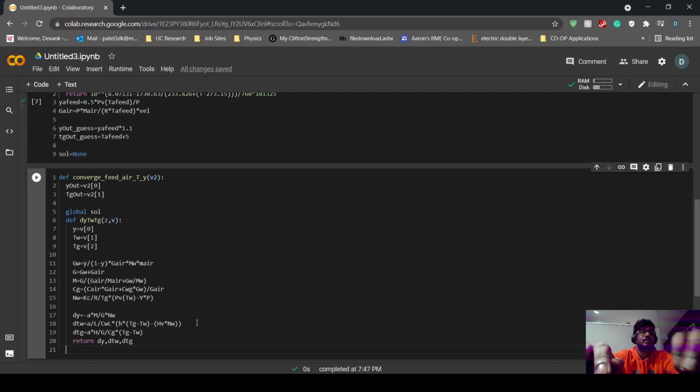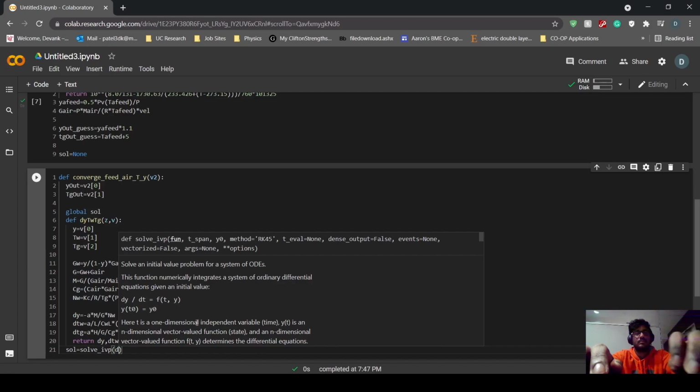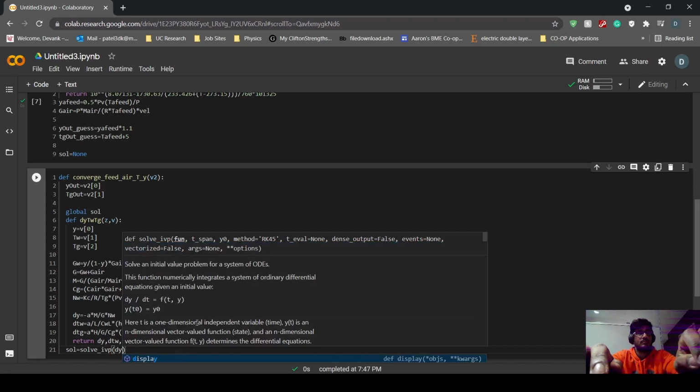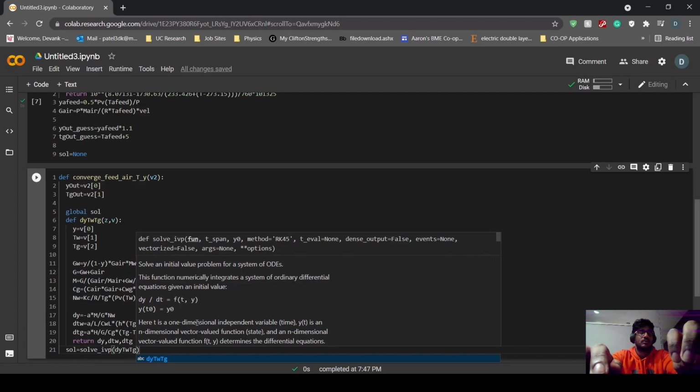And outside of that function, the overarching function, which is convert feed air ty, using the variable v2, we want to use our sol function first. So we're going to say sol now equals sol underscore IVP, and we're going to use that IVP. So our function is going to be the dy, tw, tg, our three differential equations.